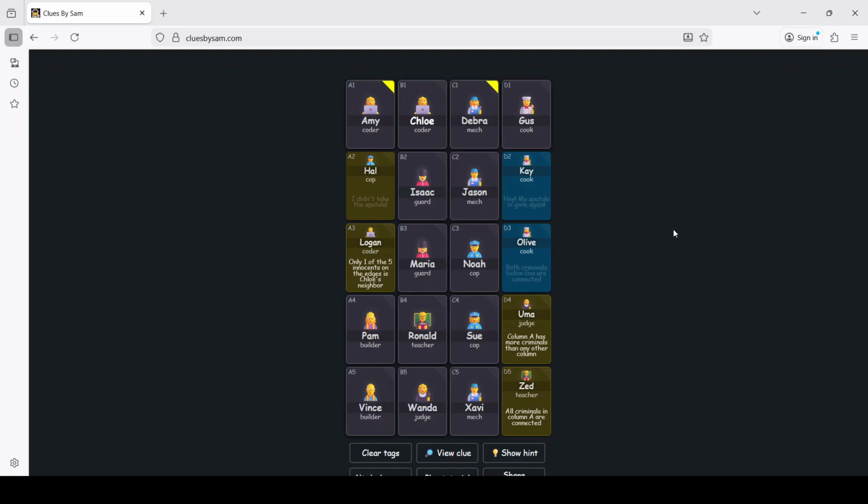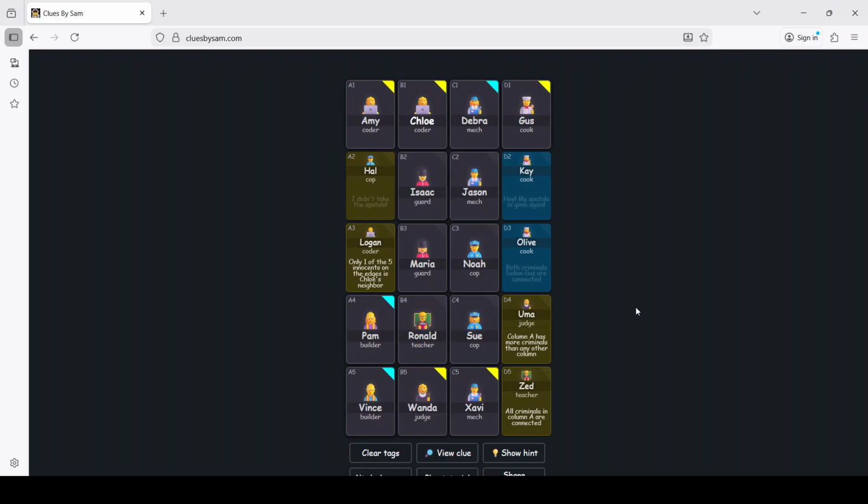But let's think about what the minimum number of criminals has to be. So can we have a scenario where 3 is the absolute maximum number of innocents? Let's say that Amy is the criminal and Deborah is the innocent, and then Pam and Vince are also innocents. Well, we are already at 5 innocents on the edges, which would make Zavi, Wanda, Chloe, and Gus also criminals.